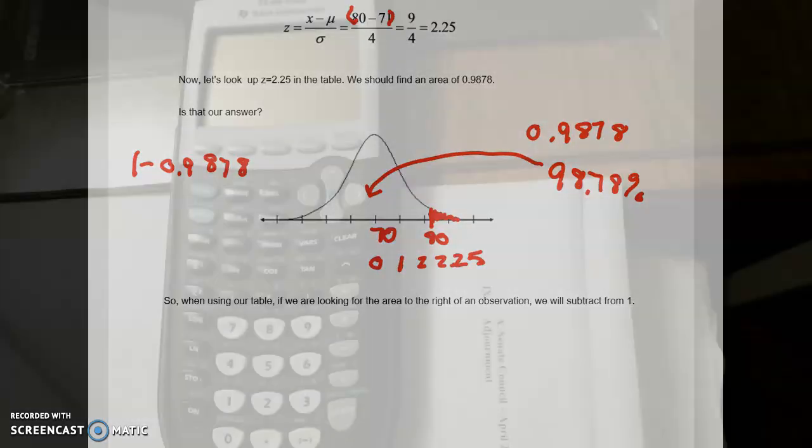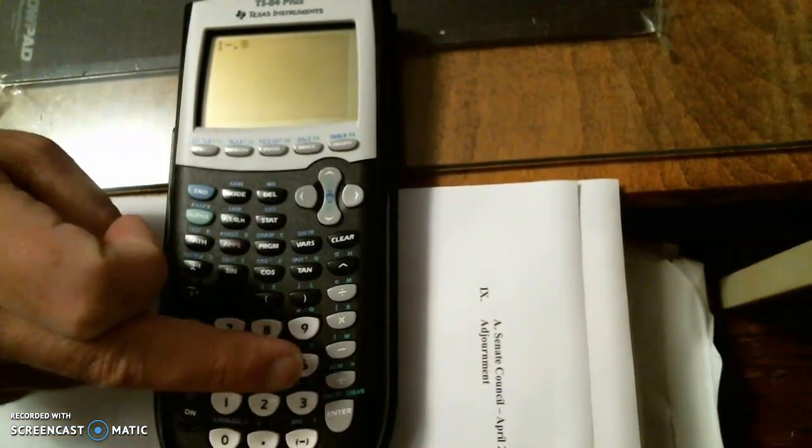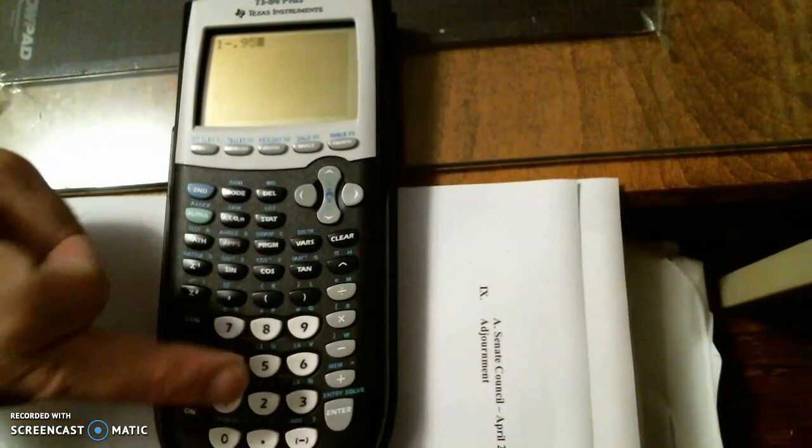Okay, so let me come down here to the calculator if I can. And I had to really set this up weird to get this to show right. If I do 1 minus 0.9878, I believe it was. Oh, I typed it in wrong, didn't I?